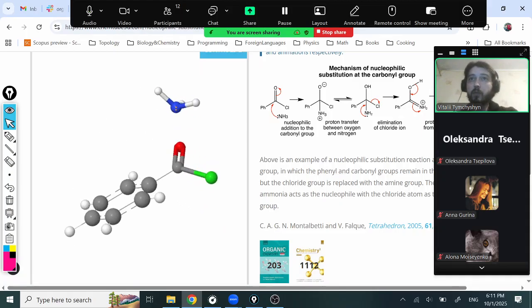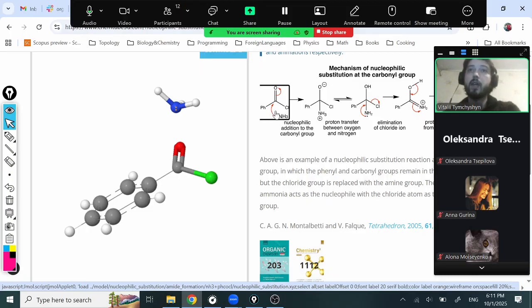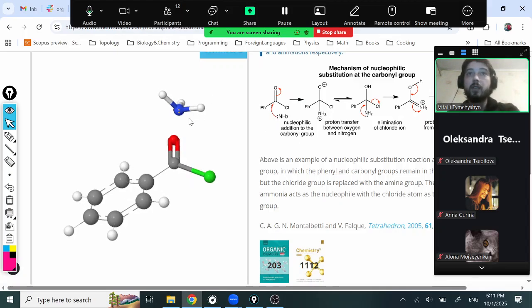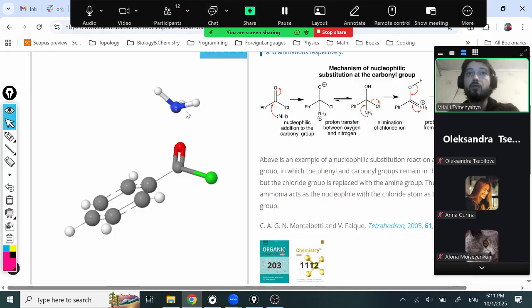Now, what's going to happen? Here you see an NH3 molecule. Nitrogen has a non-bonding electron pair, so there is some sort of negative charge. Here you see this pair presented as these two dots.